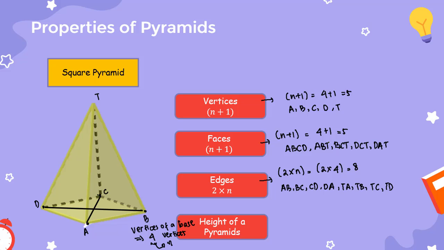After that, you find the intersection of the face diagonals on the base. The intersection is a point like this, and after that you draw a line segment from the apex to the intersection point like this. So the red segment here is the height of the pyramid.